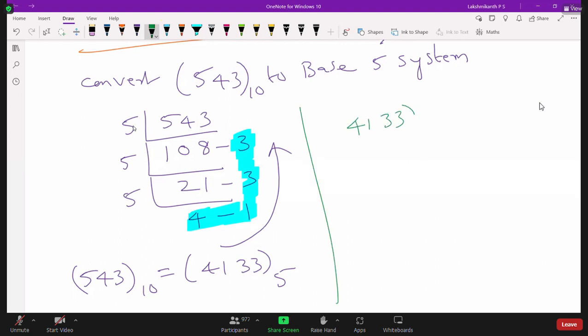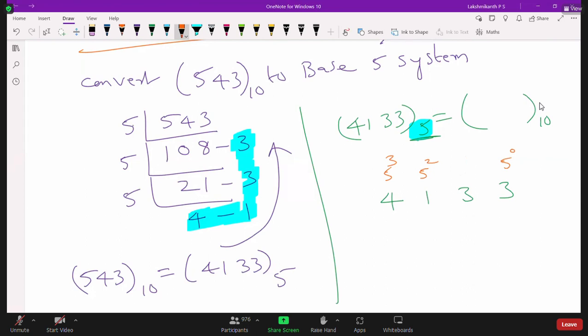Let us convert 4133 base 5 into the base 10 system. You write the number 4133. What is the base value here? Base value is 5. The place values: this is 5 power 0, this is 5 power 1, this is 5 square, this is 5 power 3.